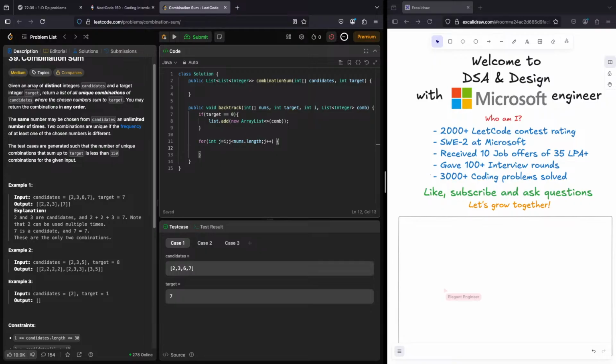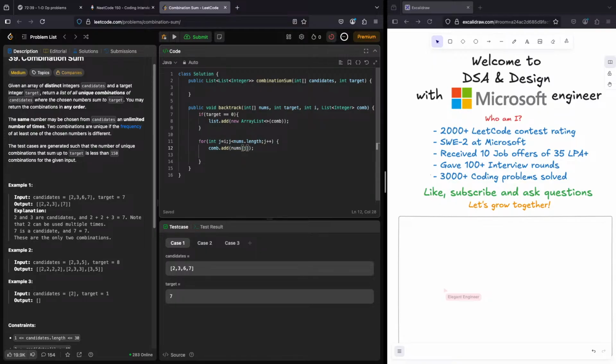So you can subtract this from the target. How can we do that? First of all, we add com.add(nums[j]).